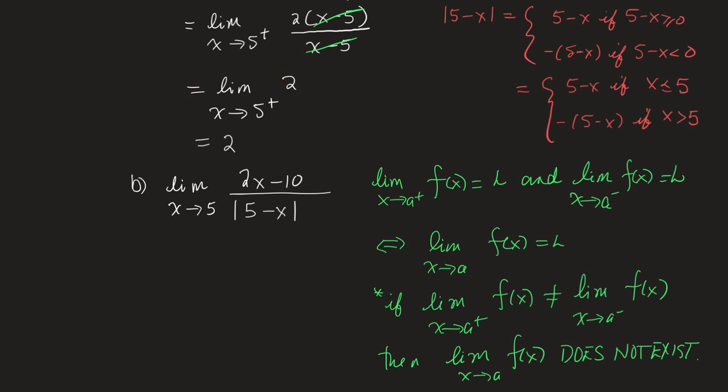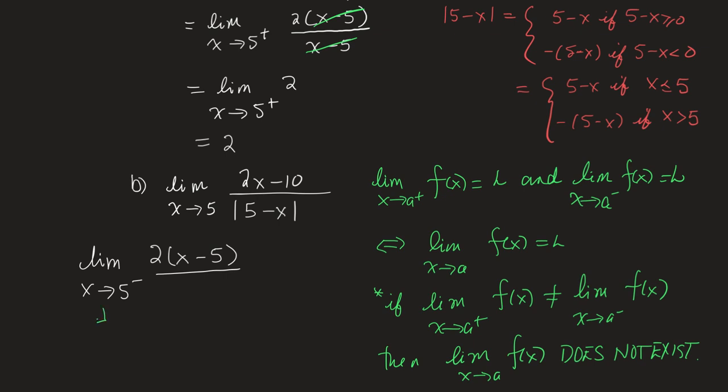2. And now I need to figure out the limit as x tends to 5 from the left. So let's go ahead and do that. So the limit as x tends to 5 from the left, I'm going to factor that out. And then on the denominator, so what does this mean?